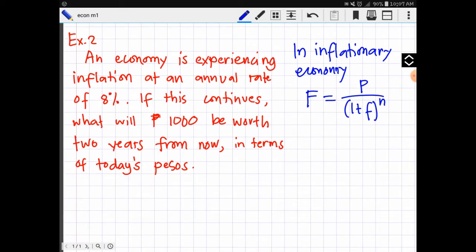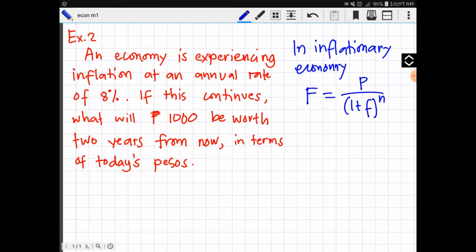So in this example, another formula was introduced. So kapag meron tayong inflationary economy, therefore hindi presyo ang pinag-uusapan dito, the whole economy, no? Hindi siya cost. So hindi FC yung gagamitin nyo. Example number 2, if an economy is experiencing inflation at an annual rate of 8%. So mga given muna, yung F natin ay 8%.